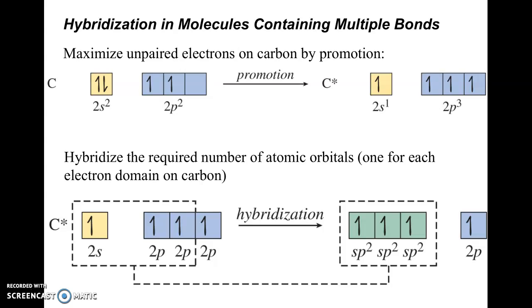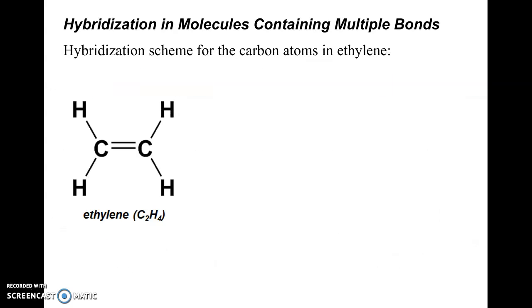And we can promote that so that we get 3 single electrons in the 2s and the 2p's, but they're not equivalent. So we only need 3 electron domains. So we take the first 3, the 2s and 2 of the p's, we hybridize them, and we get an sp2, and we are left with a p orbital that has 1 electron in it.